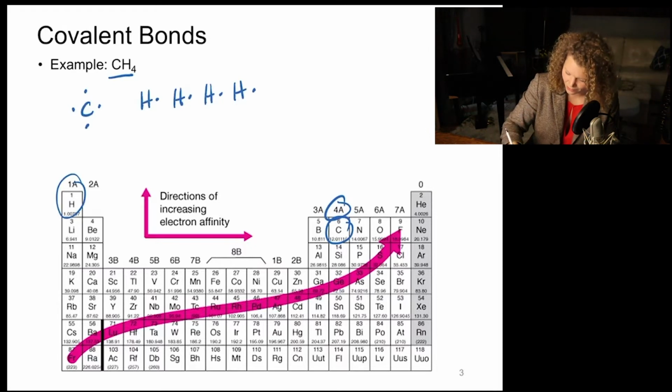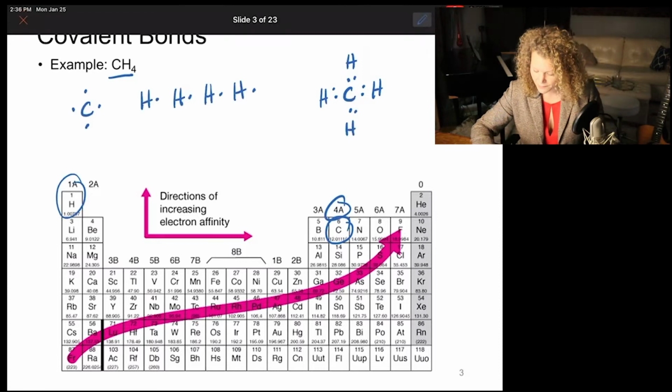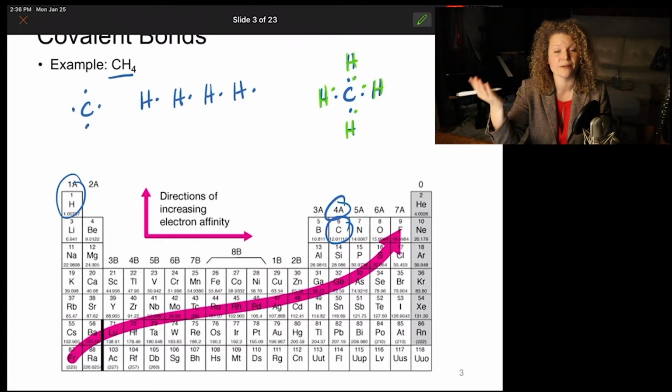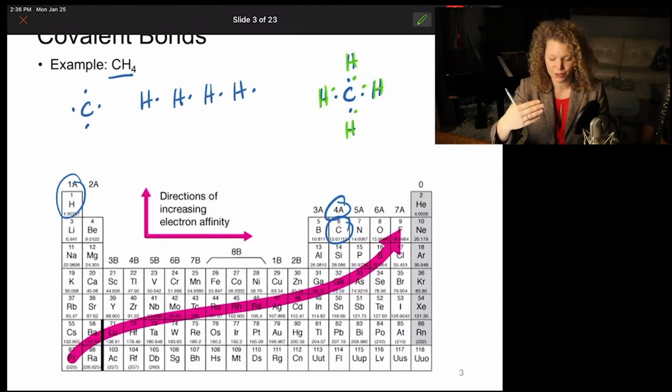So essentially what we're going to do, we can draw our carbon here, and then we're going to buddy it up with a hydrogen. Now, if I were to separate these electrons, you would see that if I draw the hydrogens in green, you will see that each of the bonds contain 1 electron from carbon and 1 electron from hydrogen.